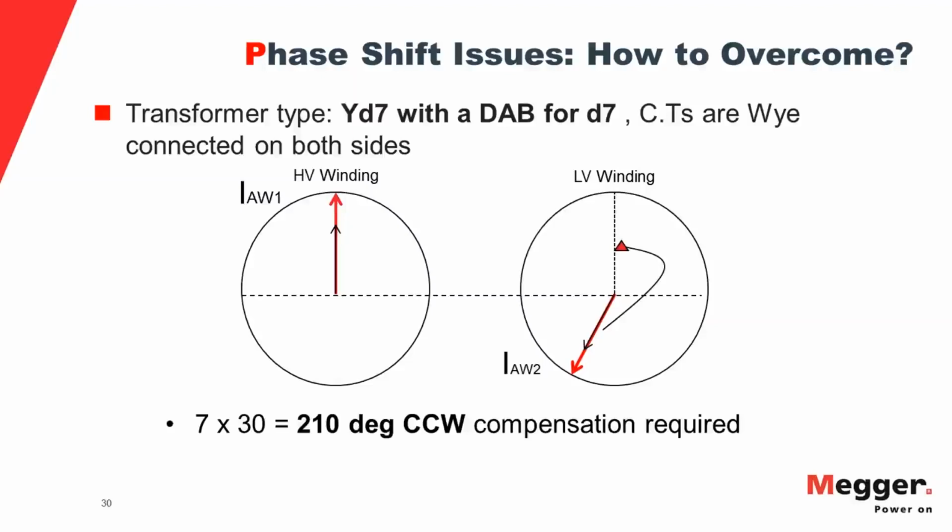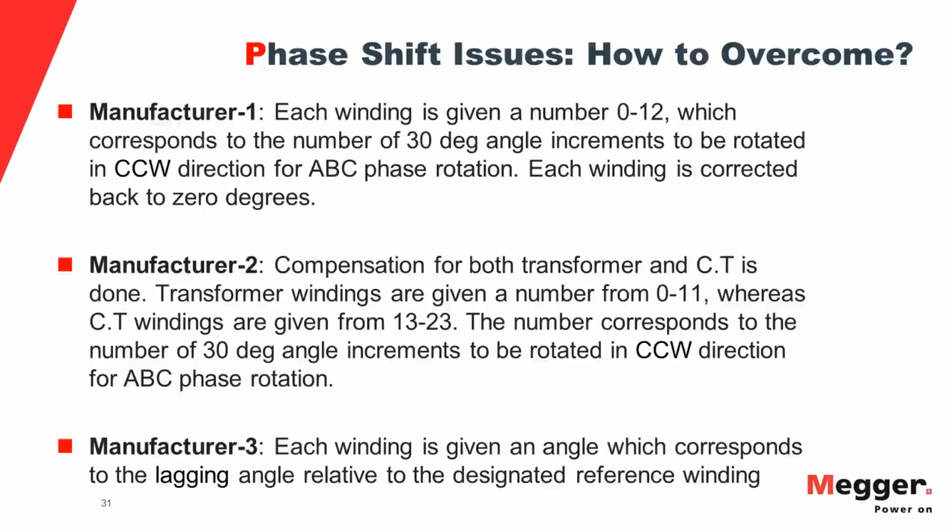And then based on those numbers, they basically eliminate the problems caused by phase difference. These numbers are to be set by the user. Some manufacturers define compensation matrices for both transformer and CT separately. So there are different methods adopted by the relay designer and manufacturer to address this phase shift issue.